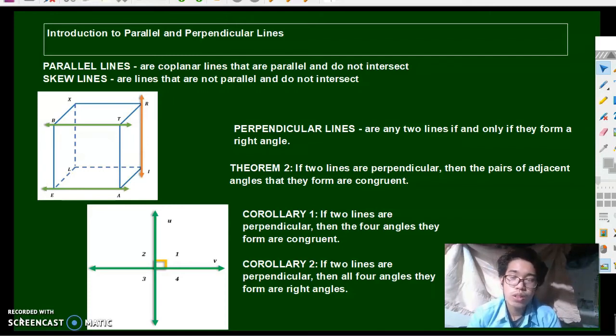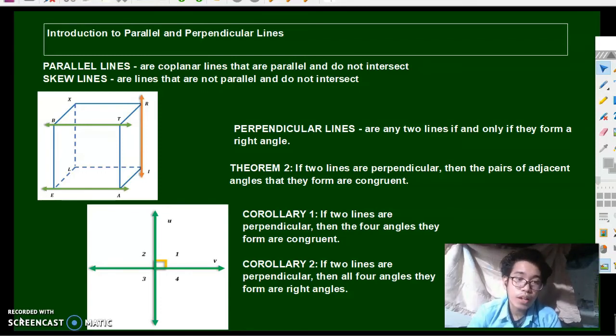On the figure given here on the top, we have a cube, and there is a pair of parallel lines: line BT and line EA. Those lines will never intersect on this figure.